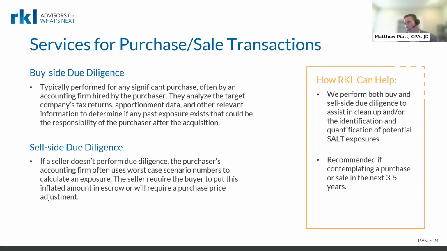They always bring in an accounting firm and a law firm that request your prior tax returns. They do a deep analysis of whether you've been properly handling sales and use tax. And then what ends up happening is there's a large purchase price adjustment or escrow set aside to account for those exposures. It's just always better if you're on the sell side to have somebody do that for you.